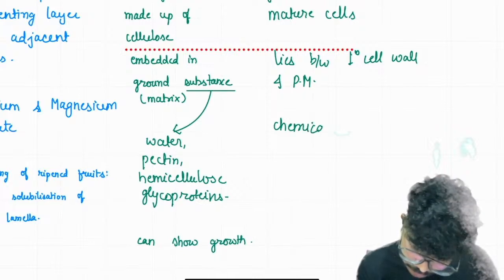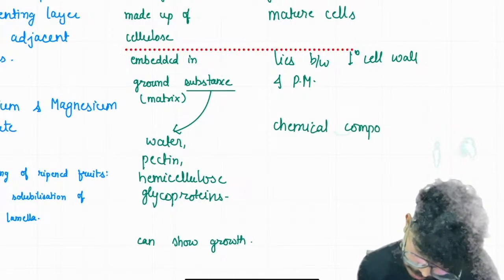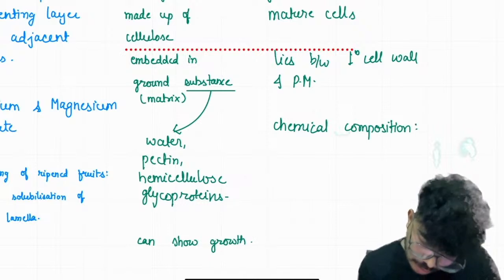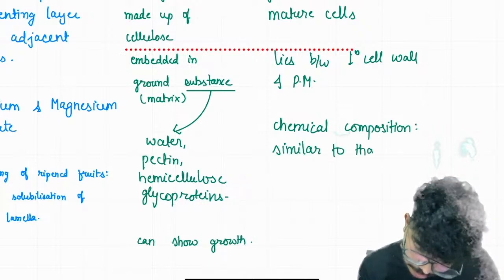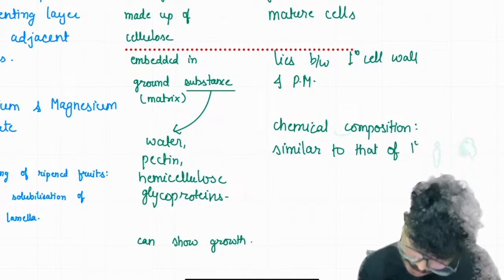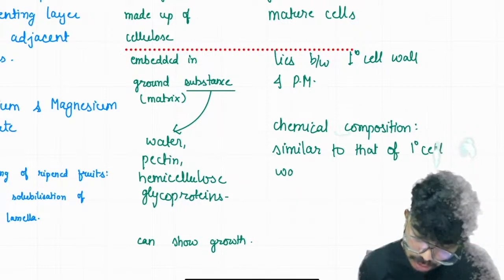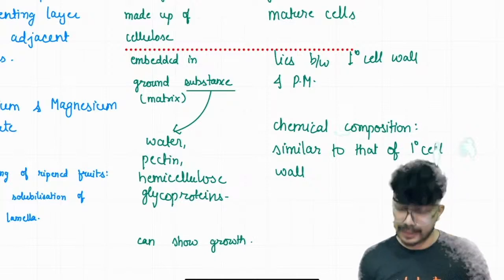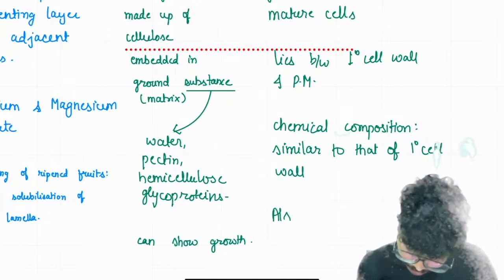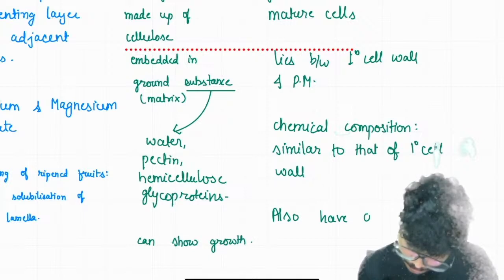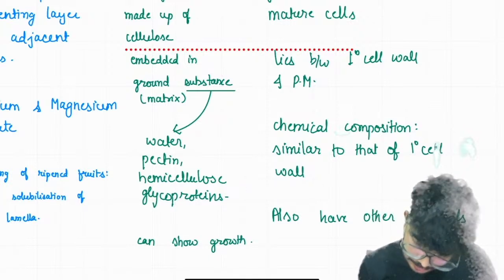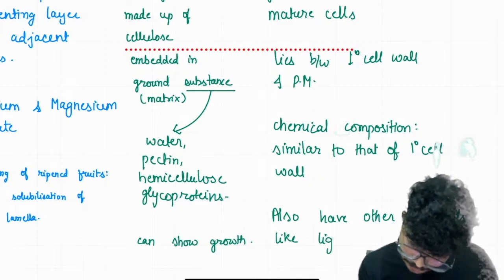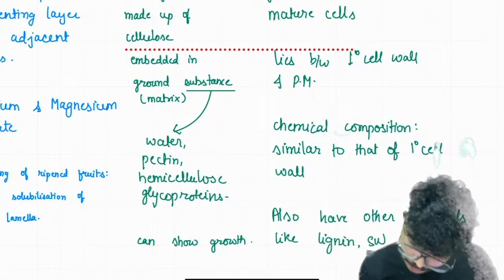Chemical composition: similar to that of primary cell wall, but it also has some other chemicals like lignin, suberin, cutin.